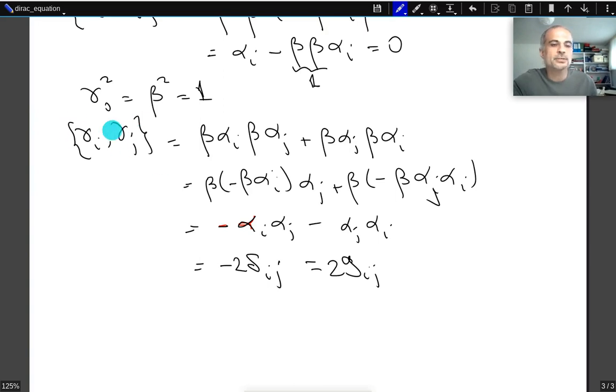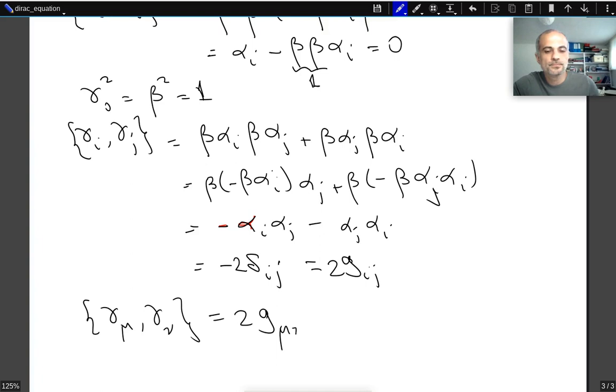This anti-commutator already contains γ^i squared. When i and j are equal, this anti-commutator gives us twice γ^i squared, which is minus 2, so γ^i squared is minus 1. So we can sum up all these relations by saying that the anti-commutator of γ^μ and γ^ν is equal to twice g^μν.